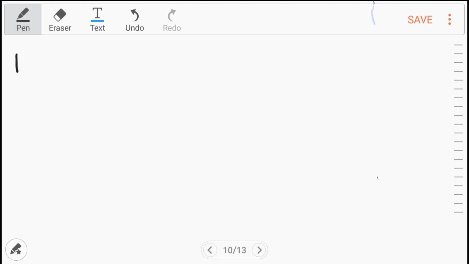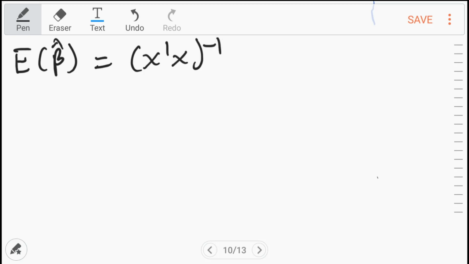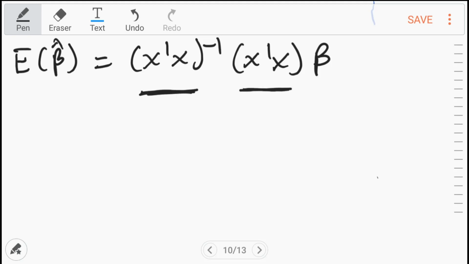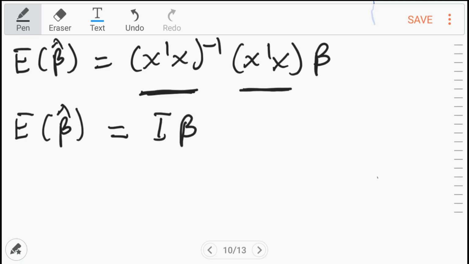So we have the expected value of beta cap equal to x prime x inverse and x prime x beta. If you realize, we are multiplying x prime x by its inverse, and the rule says that if you multiply any matrix by its inverse, you're supposed to get the identity matrix. So the expected value of beta cap is now equal to the identity element times beta.